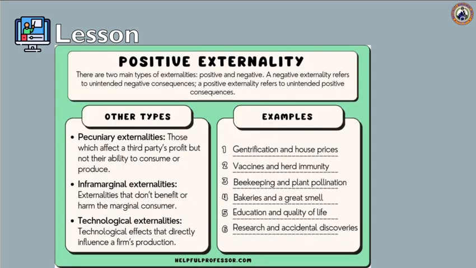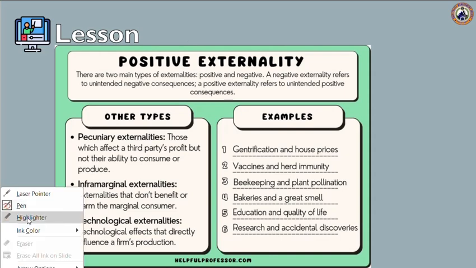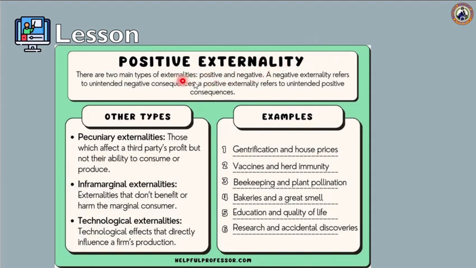Now let's move on to the positive externality. Again, there's a negative, there's a cost, and there's a benefit, the positive side of externality. As we read this definition, these are two main types of externalities. We have positive and we also have negative. Okay, we'll use a pointer here.